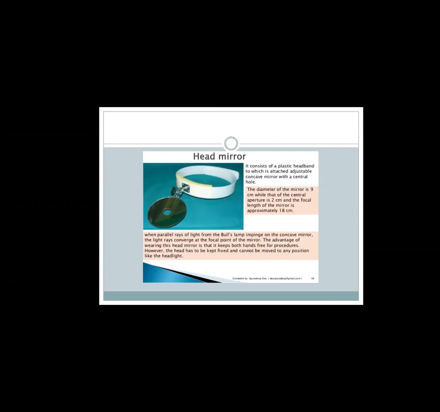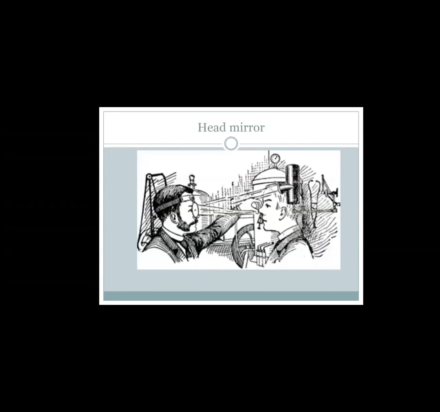The parallel rays from the bullseye lamp impinge on this concave mirror, the round mirror attached to the plastic rim headband. The reflection from the bullseye lamp is reflected to the head mirror and then over the patient, and you can visualize. The examiner uses both hands freely for diagnostic as well as therapeutic purposes.